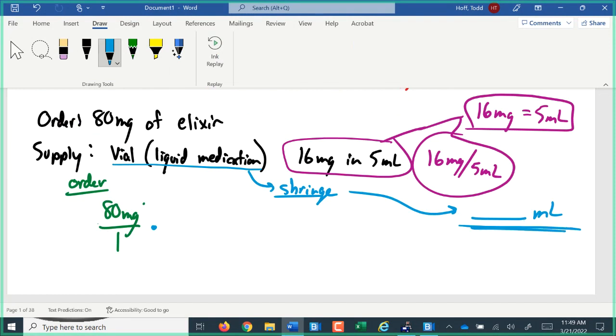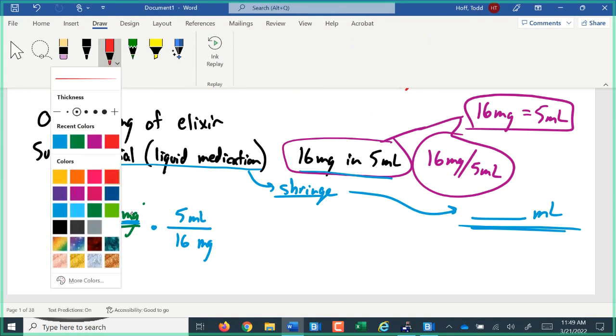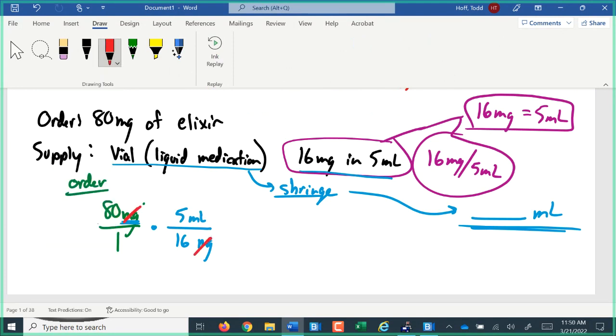So to get to that, we will use this information on the vial. Milligrams on top in our original doctor's order, so we have to put milligrams on bottom here. So 16 milligrams in 5 milliliters. Milligrams are going to cancel out. Now all we have left is milliliters, and that is the units we want, so we're ready to go ahead and calculate this out. 80 times 5 milliliters is 400 milliliters.